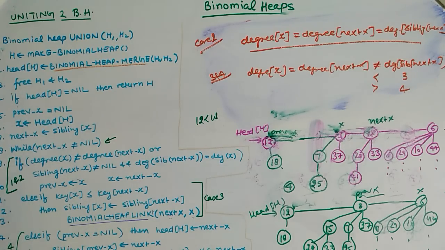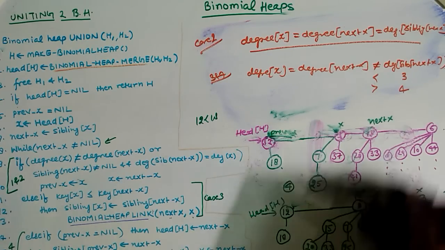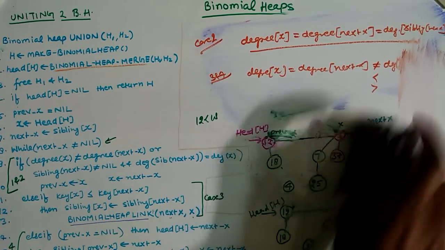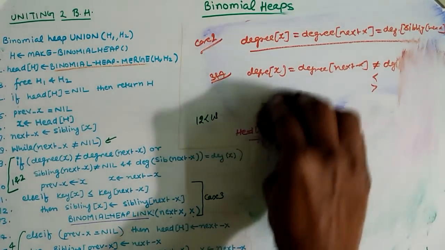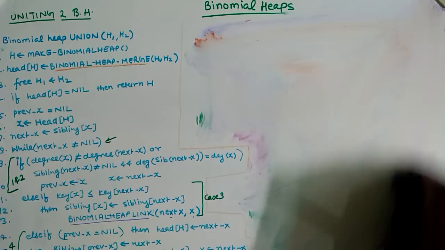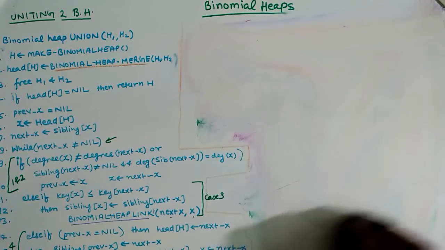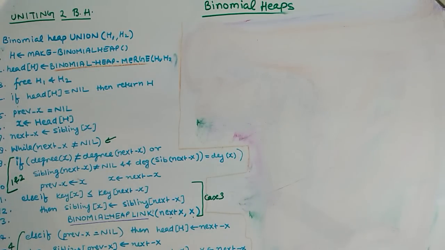Now the other operations like insertion, extract min and decrease key also call this binomial heap union whenever we do any of these operations. So I will give you an overview of all the operations and the time complexity taken by each. First, what is the time complexity of binomial heap union?